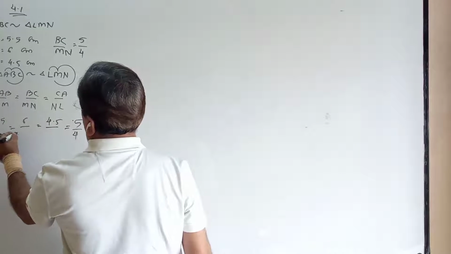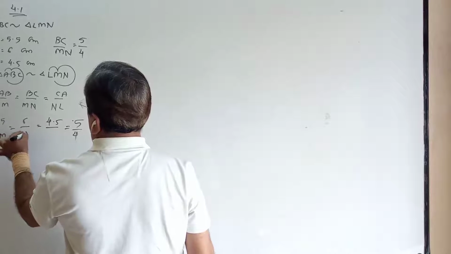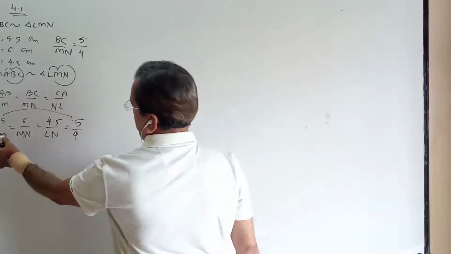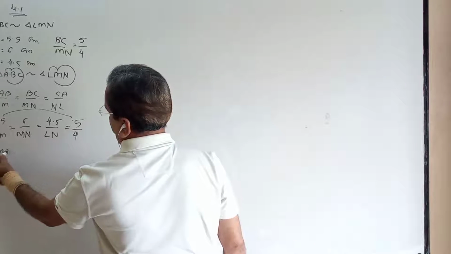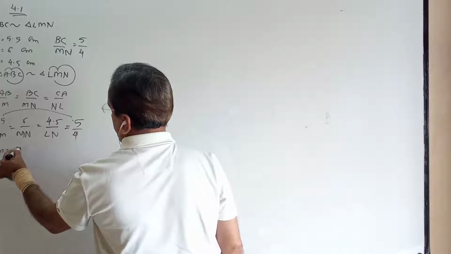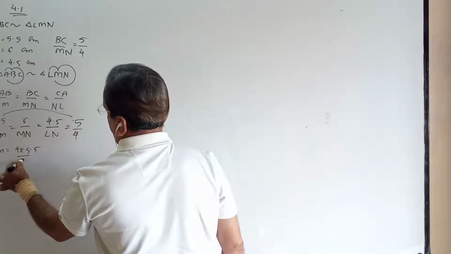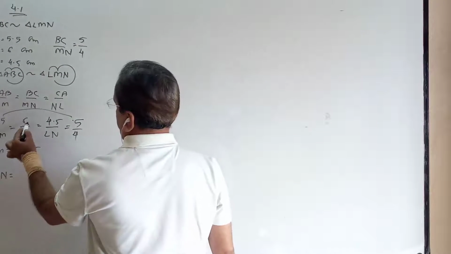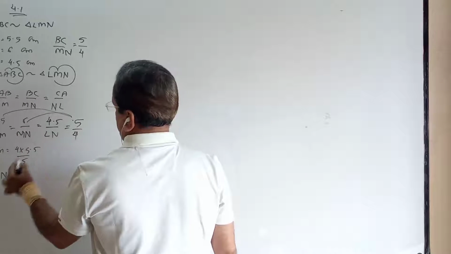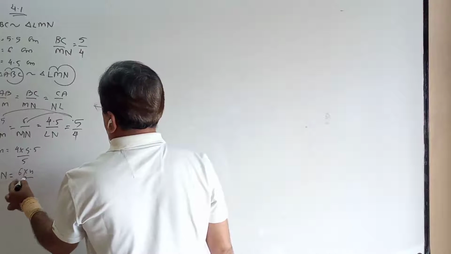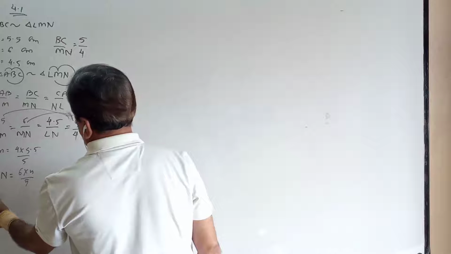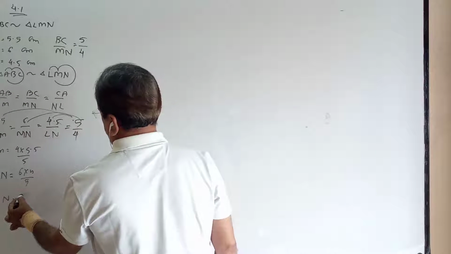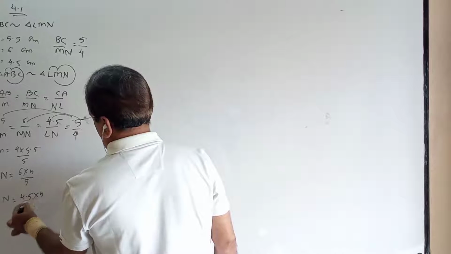That is LM, MN, NL. Now take this and this. So LM is equal to 4 into 5.5 divided by 5. MN is equal to 6 into 4 divided by 5. LN, this and this, cross product, 4.5 into 4 divided by 5.